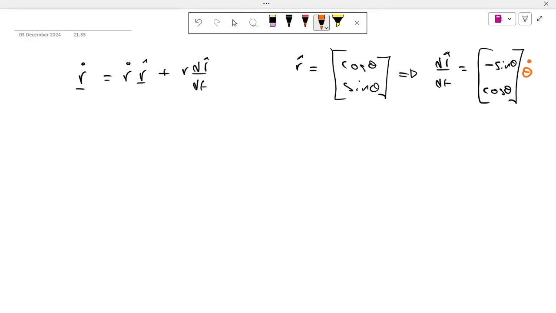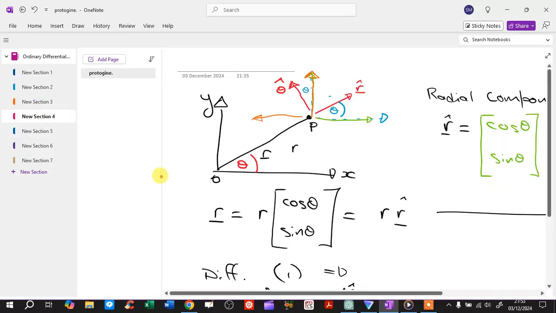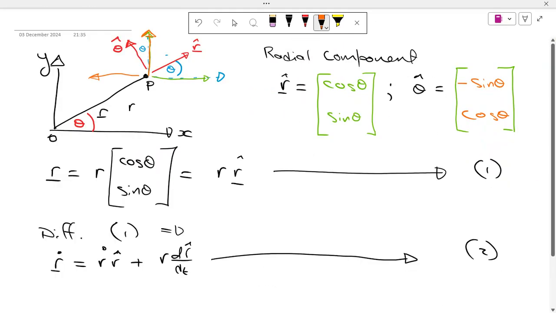So dr hat by dt is equal to this vector times theta dot. Now, this vector can be written as something else. Let's just go back, because I think it's important that you see this written on the previous sheet.